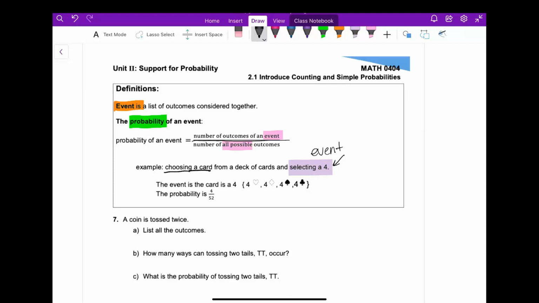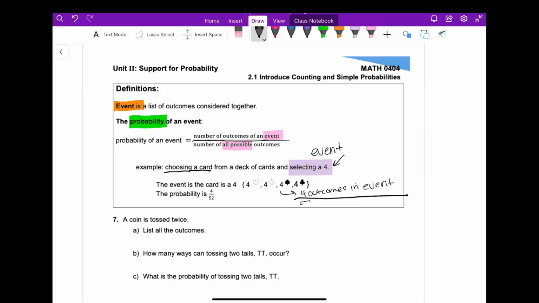So you sit back, you look at your cards, and you think, how many 4s? The event is the card is a 4. How many 4s does a deck of cards have? It has a 4 of hearts, a 4 of diamonds, a 4 of spades, and a 4 of clubs. Therefore, these are 4 outcomes in the event. And then the probability is this divided by the whole possible outcomes.